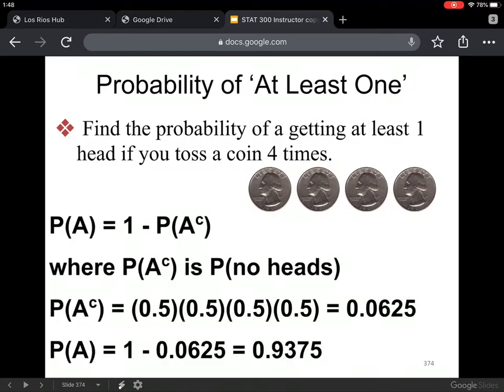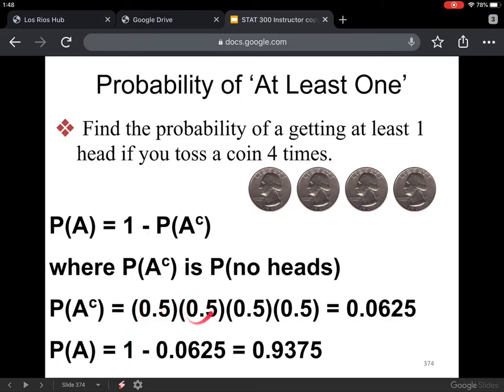And so the way that we can find this probability would be if we find out what is the probability of getting no heads, right? Well, getting no heads means that there are all tails. Every single trial there'll be a tail. What's the probability of the first being a tail? That's 50%.